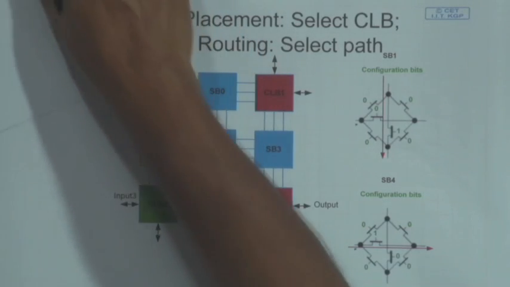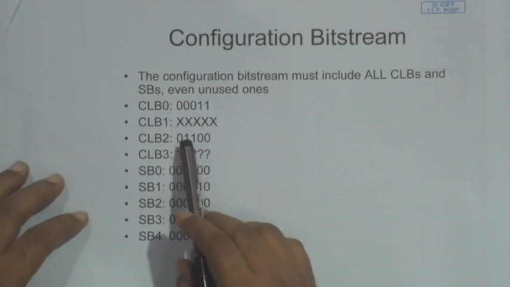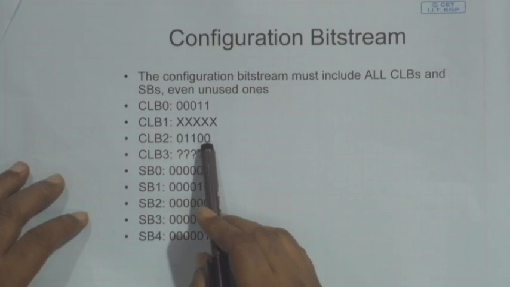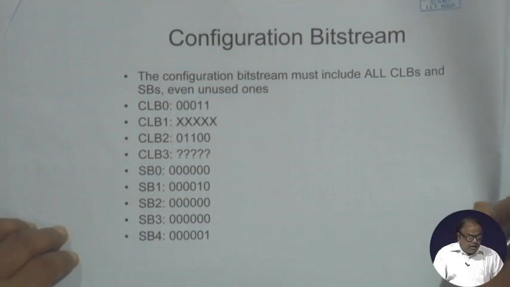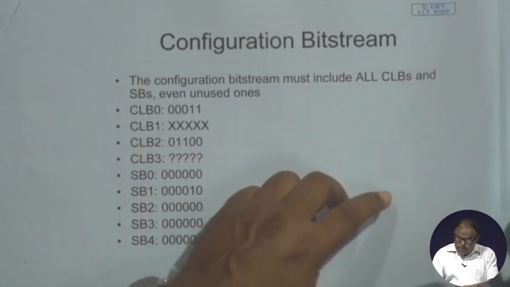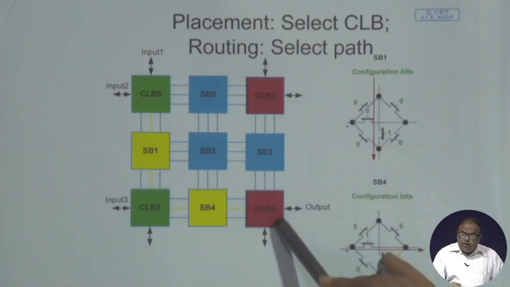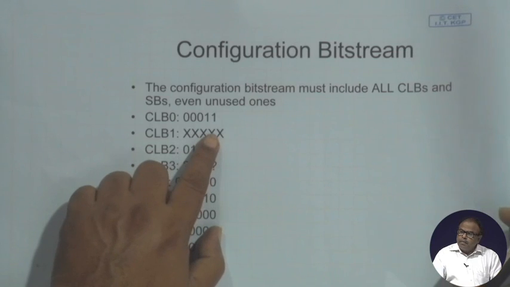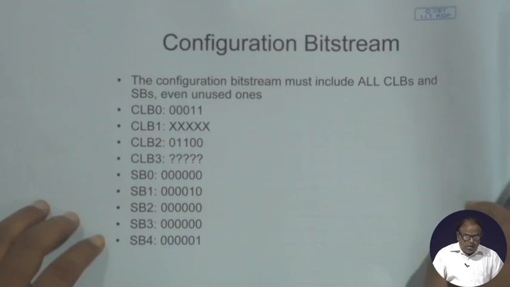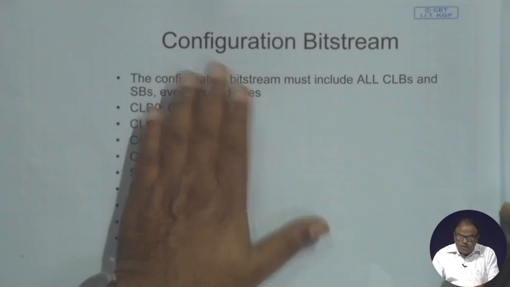CLB2 will be programmed as 0, 1, 1, 0. CLB1 and CLB3 I am not using, so I really do not care what I am giving here. What is there in the lookup table is not of concern to me for this particular purpose.